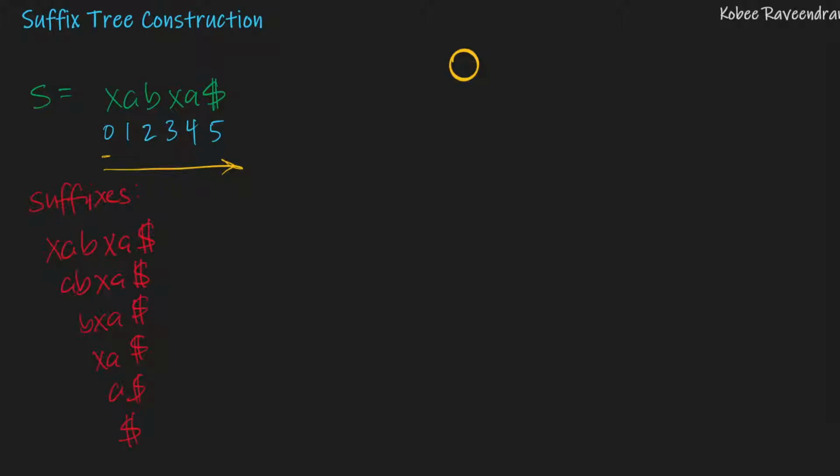On iteration 0, we're processing this suffix, and we notice that from the root node there is no edge that begins with x, so we just create one, and we insert the suffix there: xabxa$. And since we're on iteration 0, we know that this suffix started at index 0. So now we're done with that one. We can go to the next iteration of our for loop.